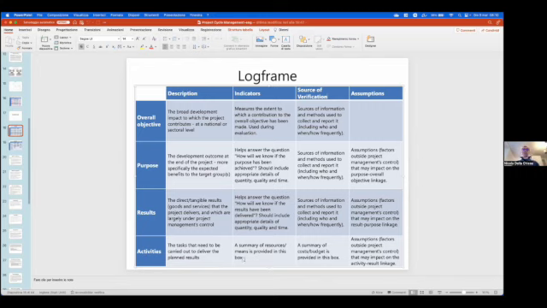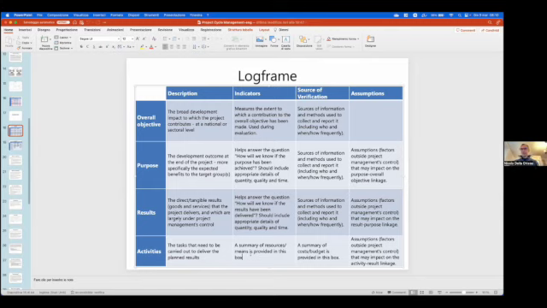At the activity level, normally you provide a summary of resources and means in the indicator section. That means that the measurement of the activities is given by the amount of resources that are used to realize the activities. That can be human resources, equipment, financial resources. So it's a way of measuring the activities.